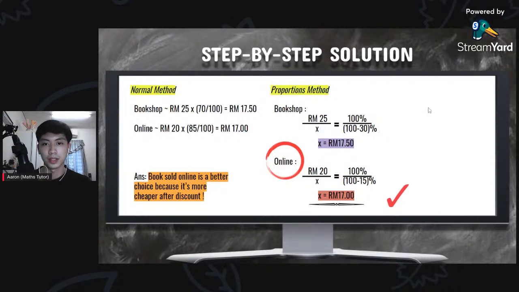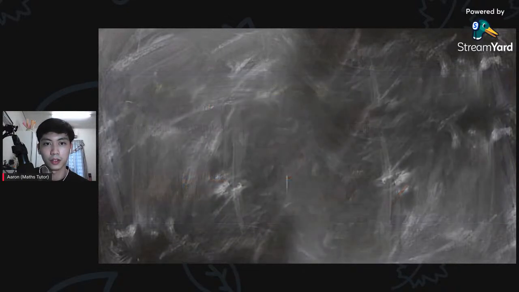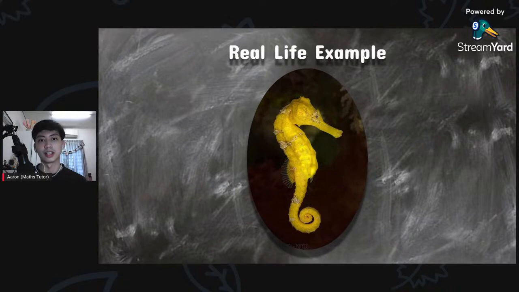So next time you face a percentage or decimal or fraction, you also use the same method. So this online one is the cheaper one. All right, so we move on.